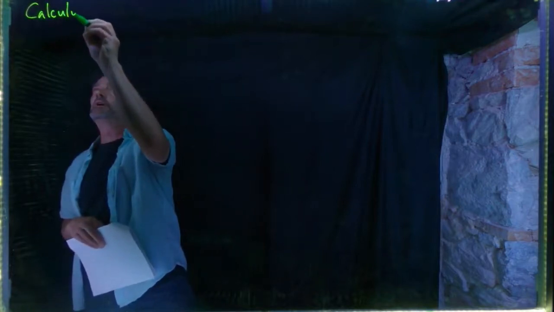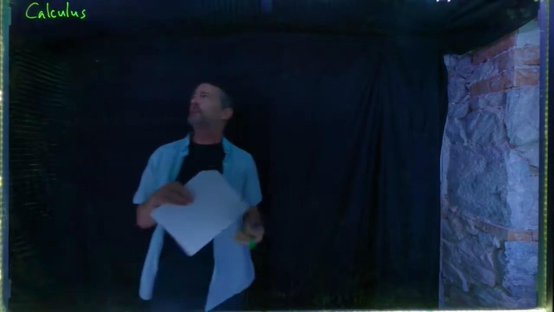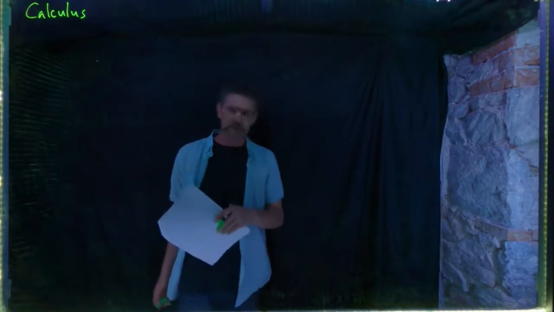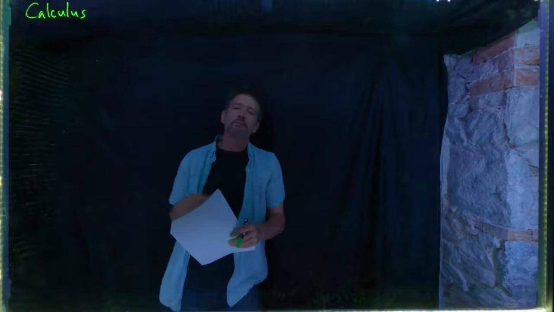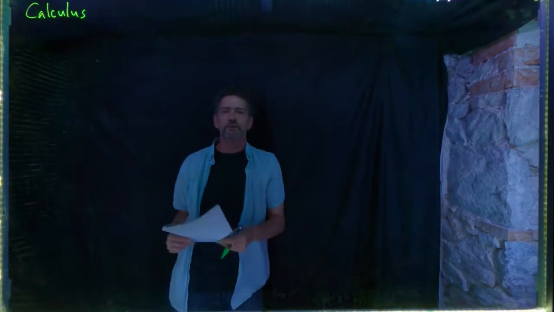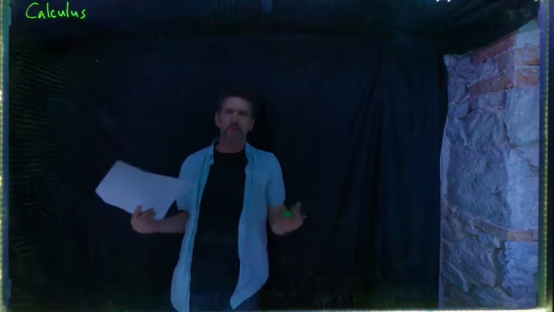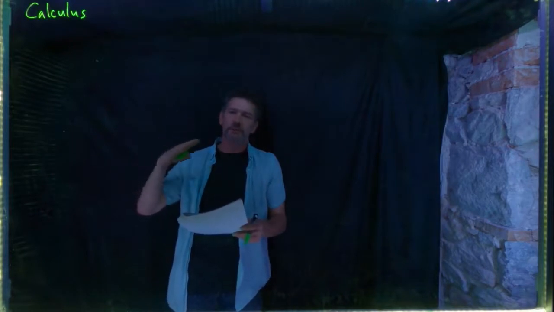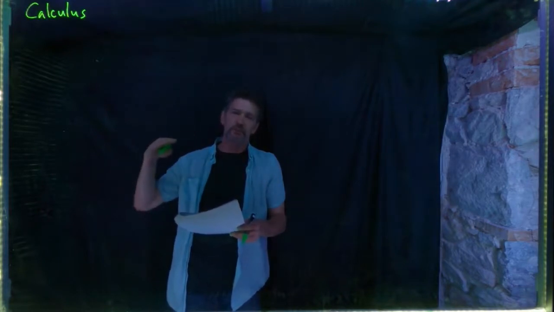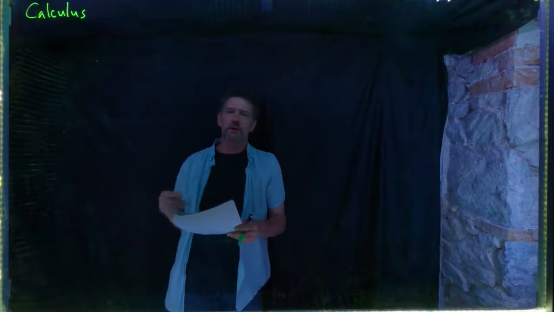So, as I'm sure all of you know, calculus was invented by Sir Isaac Newton, and independently by Leibniz. And the reason Newton invented calculus was, of course, to understand kinematics more deeply, to understand the relationship between position, velocity, and acceleration. Velocity is the time derivative, the slope of the position versus time curve.